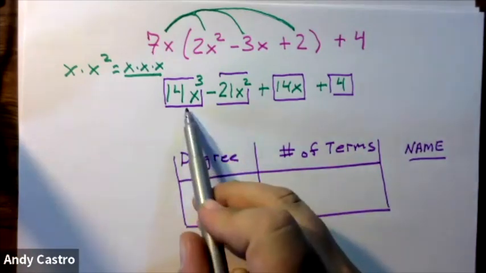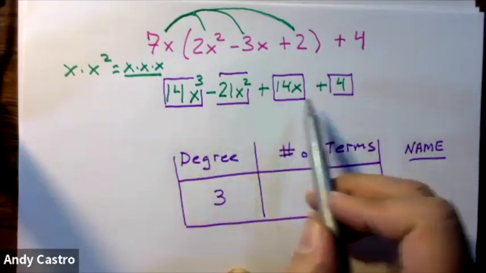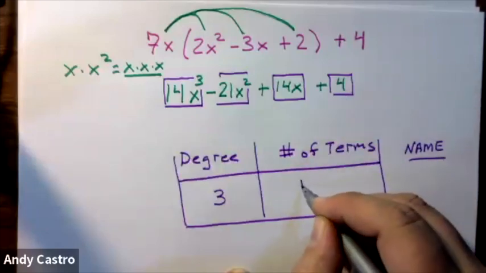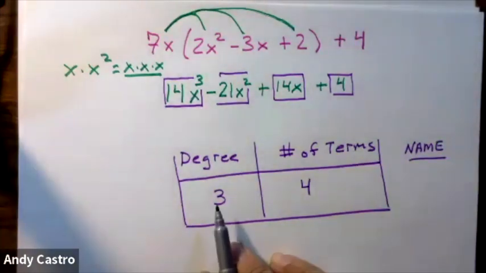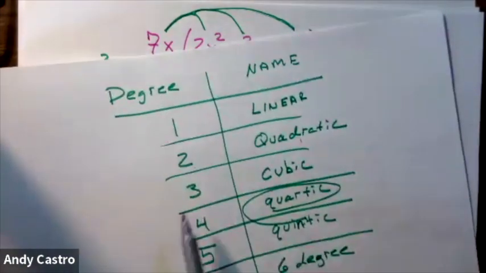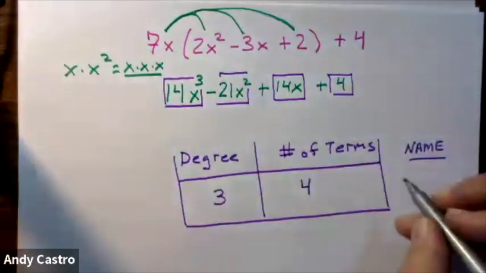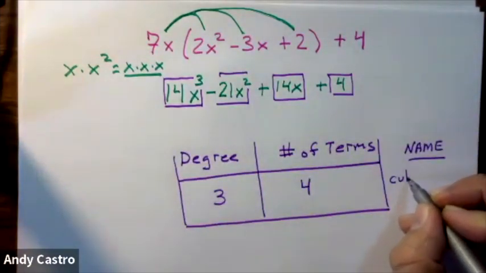Next, I have 1, 2, 3, 4 terms. So I know my degree and I know my terms. So what is the word that I use for a degree of 3? That is cubic.